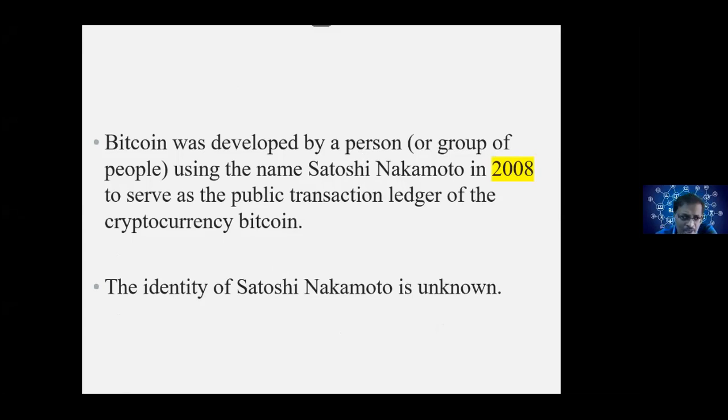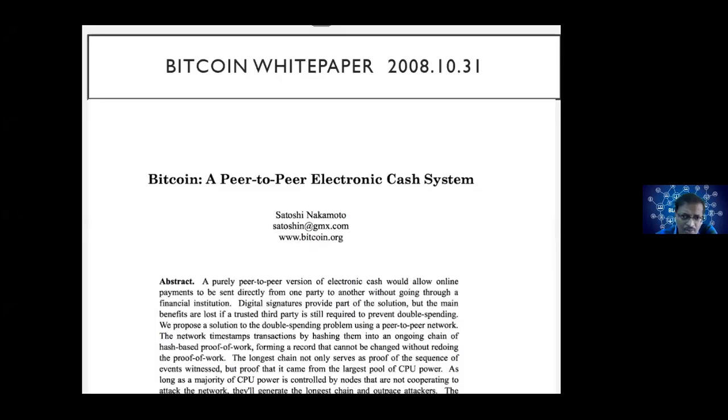This is the Bitcoin white paper, released on October 31st, 2008. The title is Bitcoin: A Peer-to-Peer Electronic Cash System. The author is Satoshi Nakamoto. We don't know his true identity. It's a pseudonym, we can say.